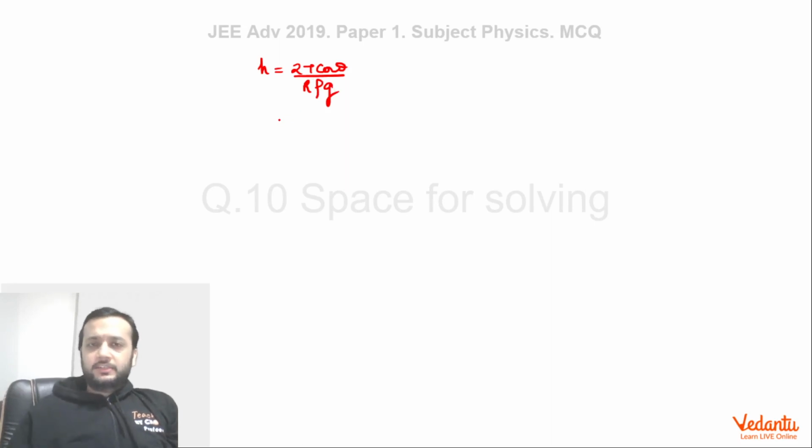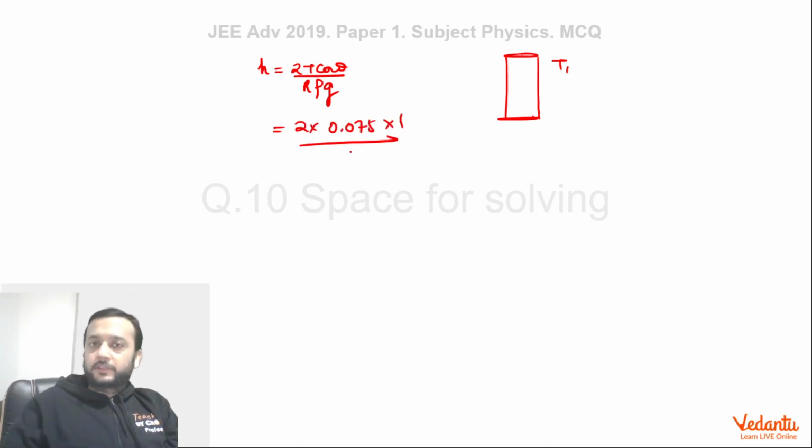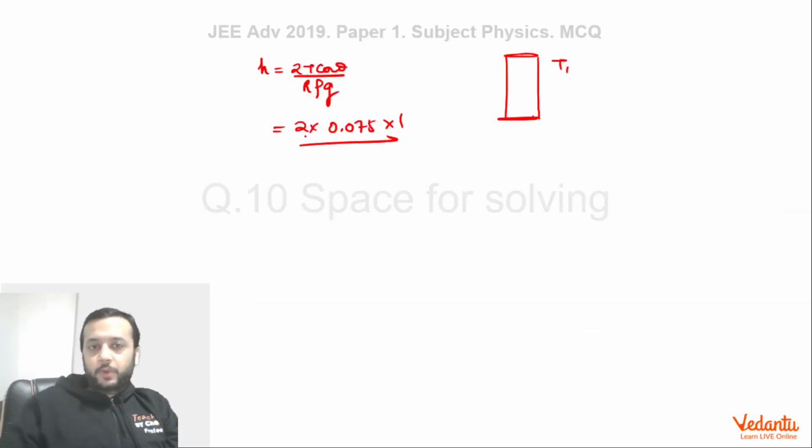Now, let us assume that the whole capillary was actually formed by the material of T1 only. Then let us see up till what height water is going to rise, assuming the height of the capillary is sufficient. The surface tension of water is 0.075, cos theta will be 1 for T1, and r in the question has been given as 0.2 mm, which is 0.2 into 10 to the power minus 3.